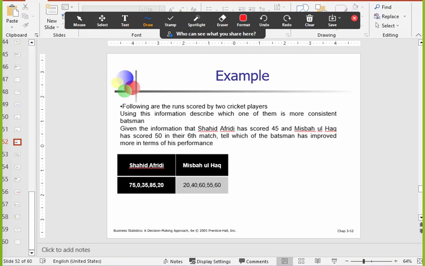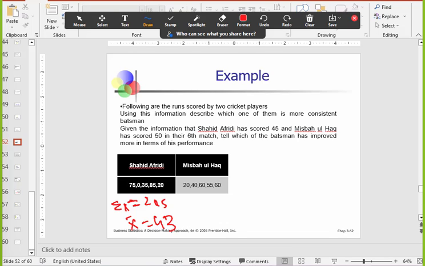The sum of Shahid Afridi, sigma x, is 215, and I will calculate its mean by dividing by 5. The answer is 43. So x bar of Shahid Afridi is 43.